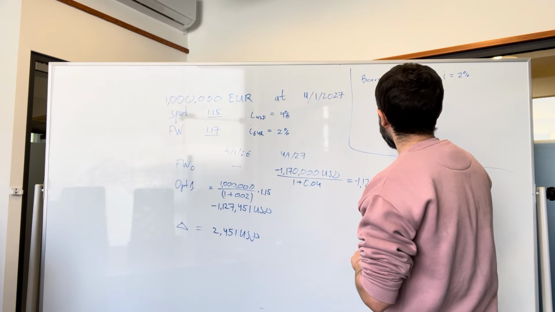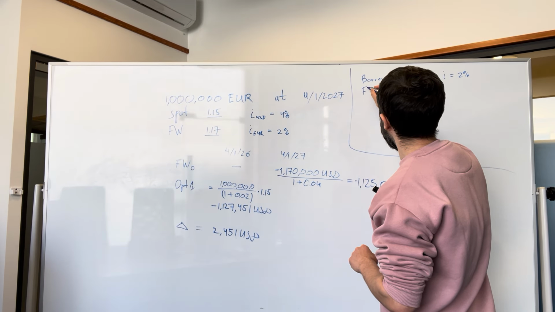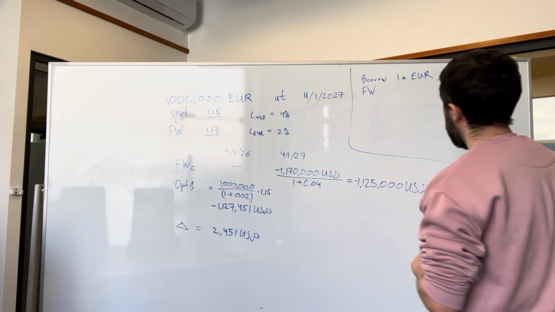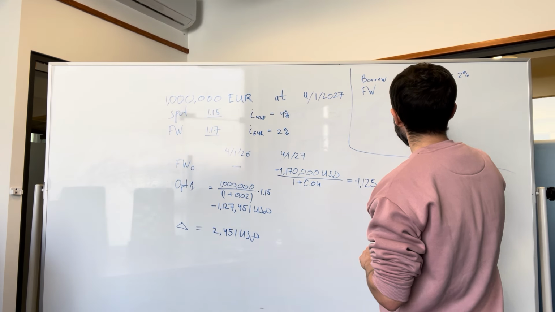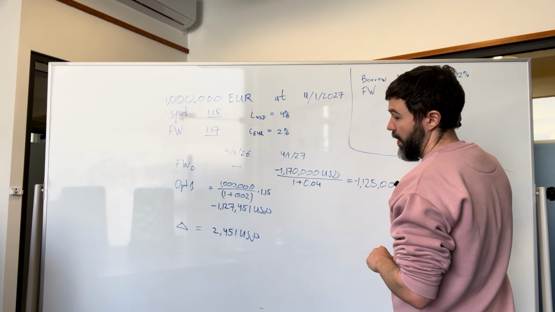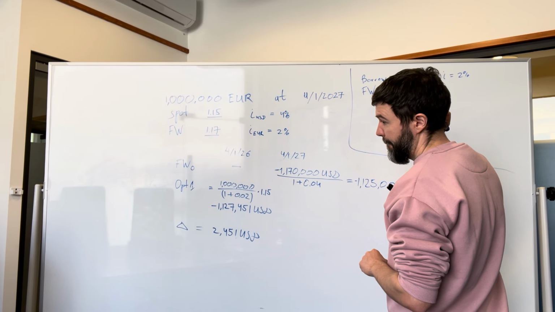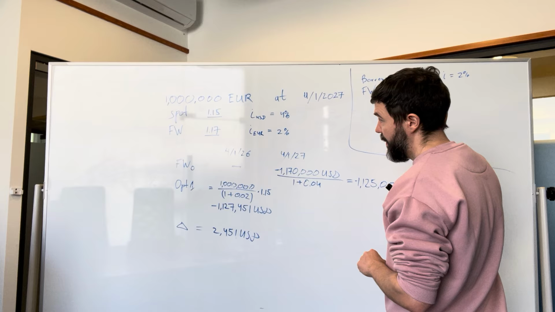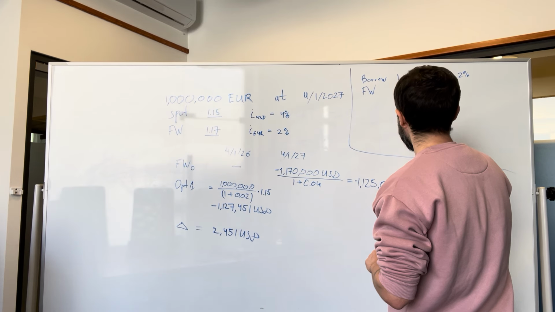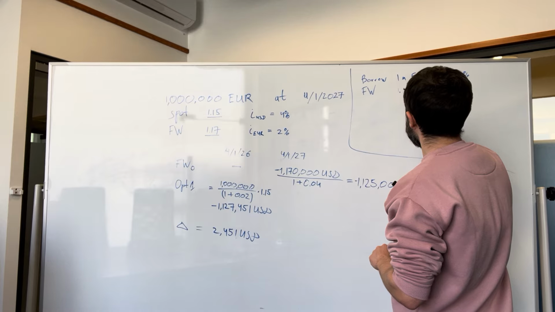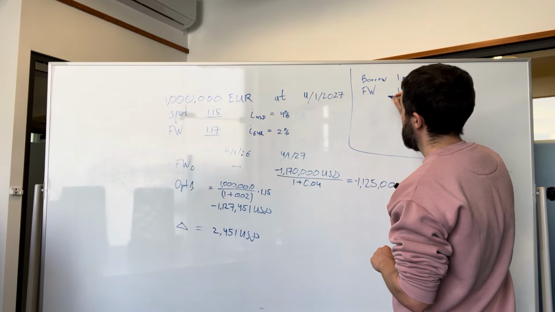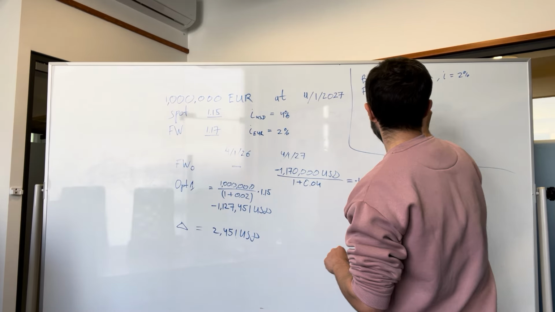Also, you're buying a forward contract for United States dollars versus euro. In that forward contract, you have the rate 1.17. Same conditions.